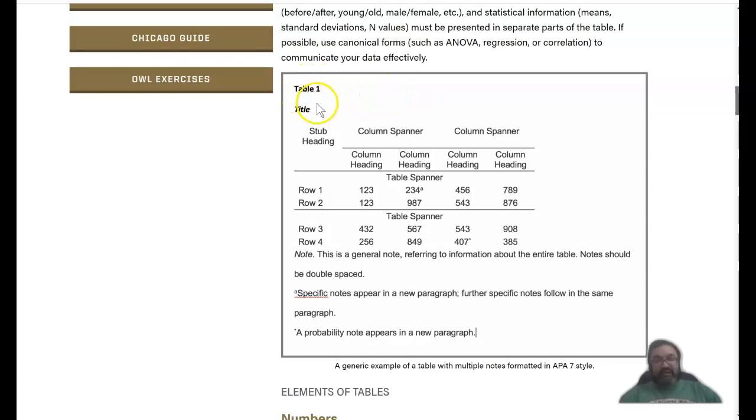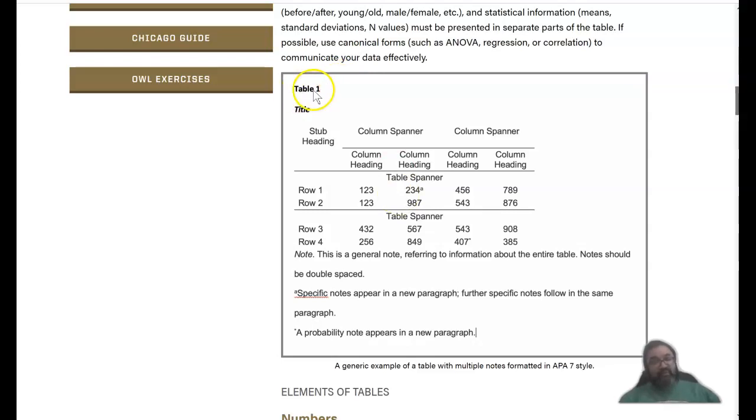So first of all, this is an APA table. As you can see, there are not that many borders as a regular table. And the most important thing that I want you to pay attention to is to differentiate tables versus figures. This is a table, obviously, and you should label it as such.